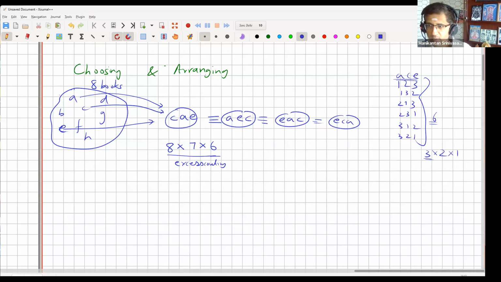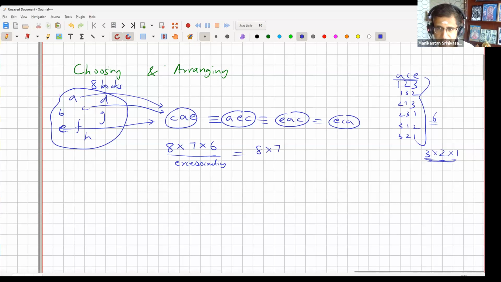I can call out any one of them first, any one of the remaining 2 as the second, and then the obvious last one will be the remaining one. So I have 6 ways of arranging A, C, and E between themselves. So I need to divide this answer by 6, which is nothing but 3 factorial, 3 into 2 into 1.